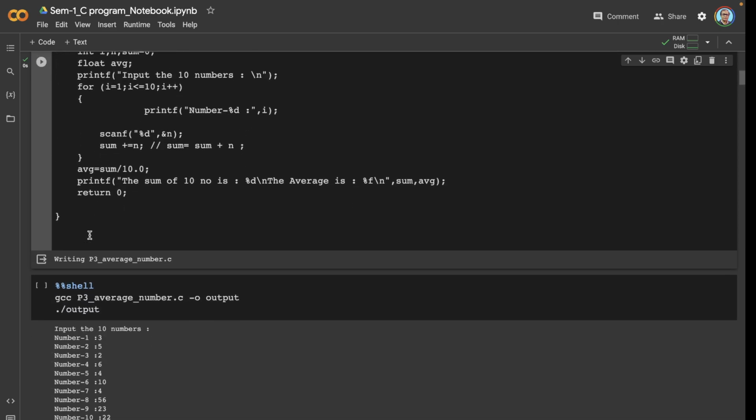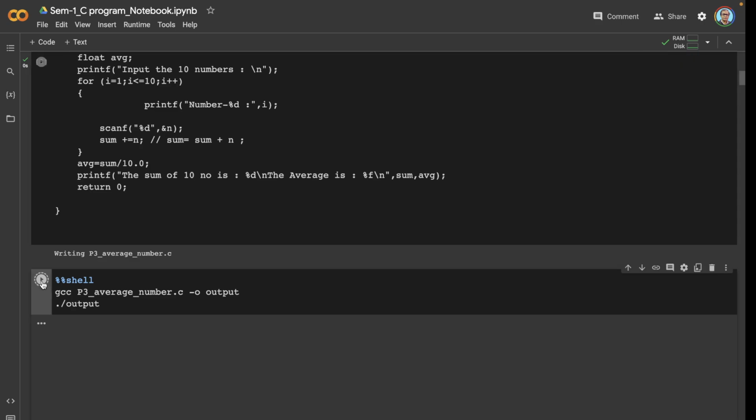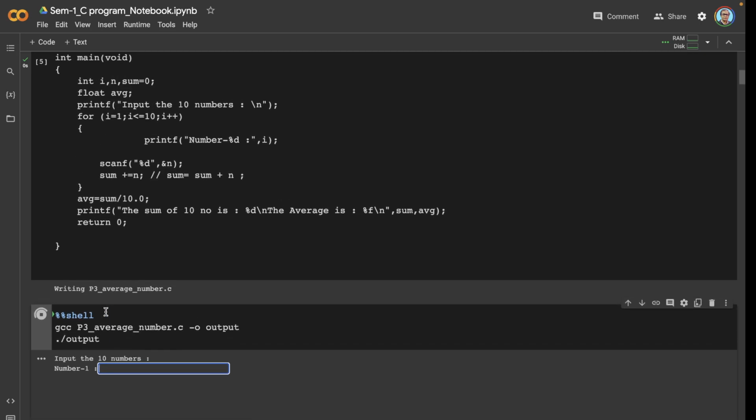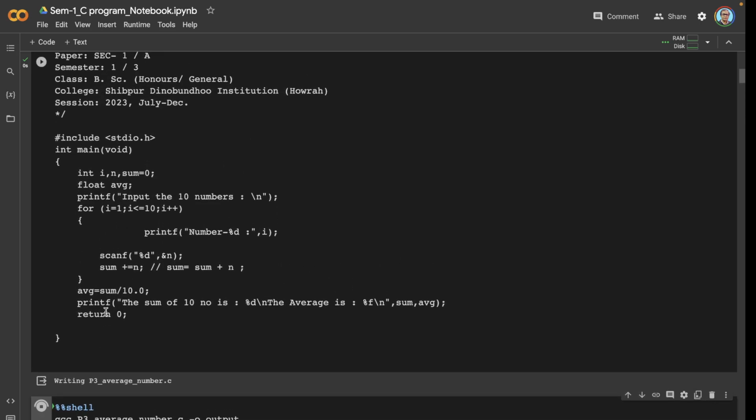So run and compile this. So enter the first number. There's input 10 numbers, any 10 numbers.